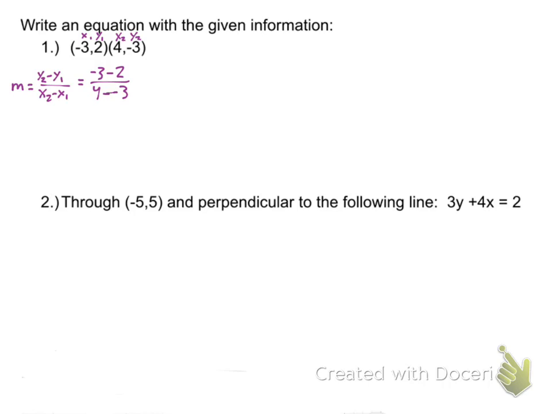So make sure you change that to a positive. This becomes a negative 5 over 7. So we know the slope between those 2 points is a negative 5/7. It could be 5 over negative 7 as well. But generally we like to take the negative either on top or bring it out front of the fraction. Everybody with me on that?